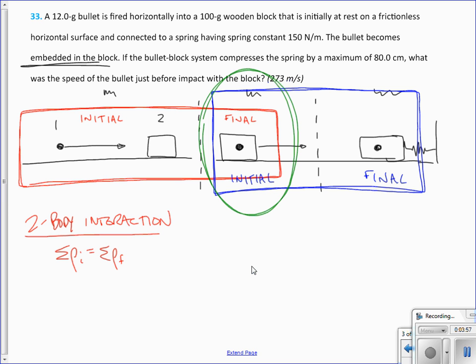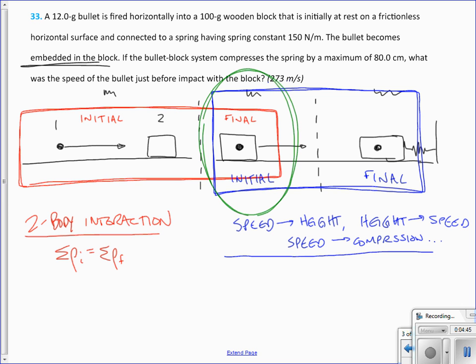If we trade speed for height, or height for speed, or speed for compression, or any of those sorts of transitions between one kind of energy and another, then we go conservation of mechanical energy.